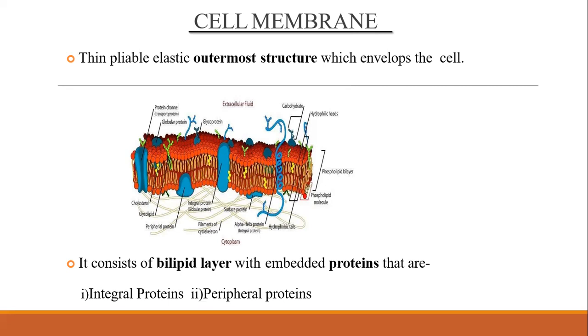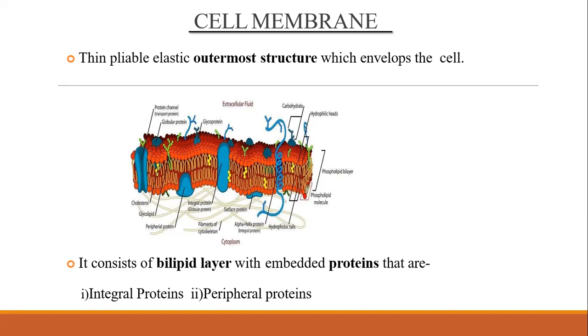So this is the structure of the fluid mosaic model. This fluid mosaic model was given by S.J. Singer at the University of California and G.L. Nicolson in the 1970s.